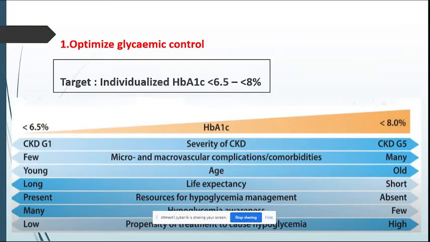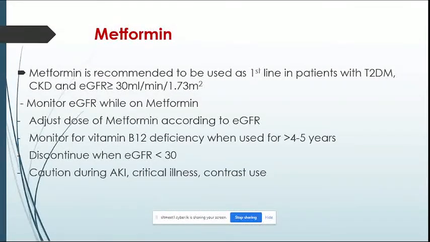But if your patient has advanced CKD, many micro and macrovascular complications, is elderly, has a short life expectancy, and has absent hypoglycemic awareness, in these patients you should have a higher target. So for a particular patient, you should set a target, and we should try to achieve that target by using any agent.